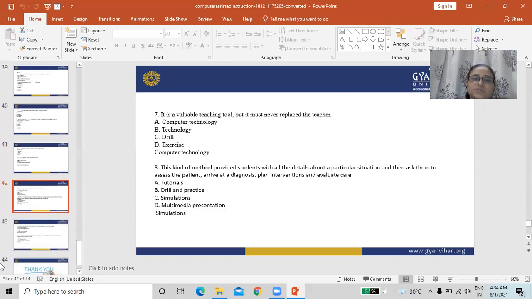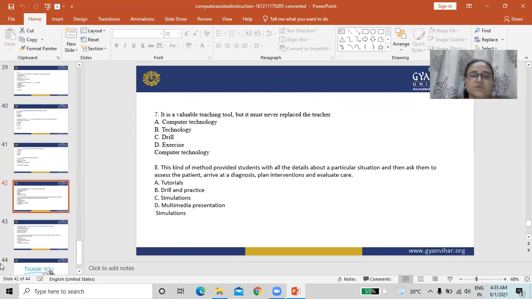Next MCQ. It is an available teaching tool, but it must never replace the teacher: the computer technology, option C technology, option C drill, option D exercises. Correct answer is option A, computer technology. Next MCQ.